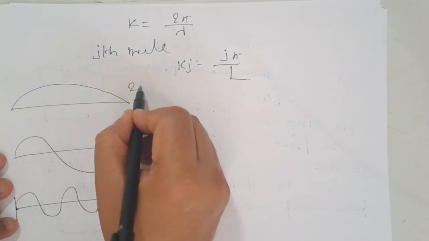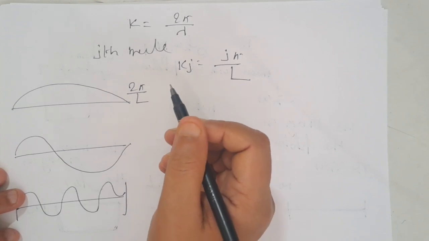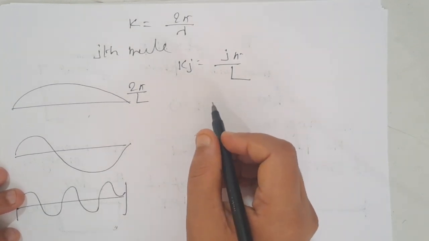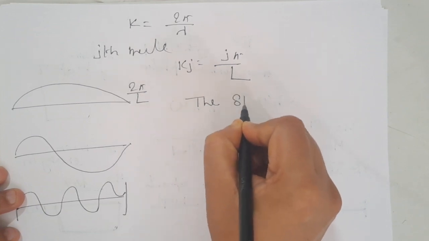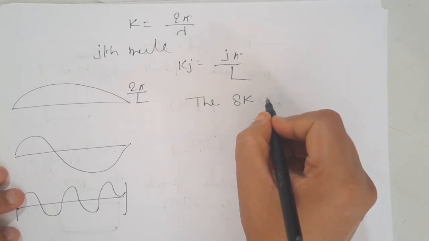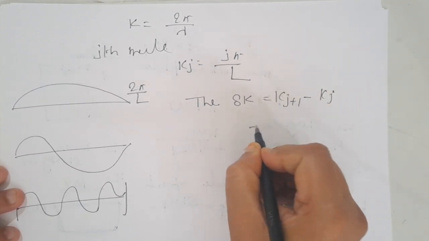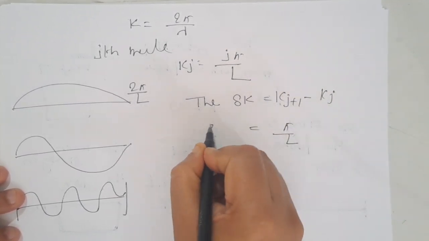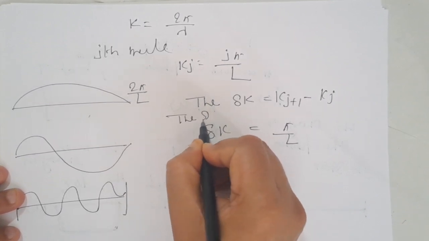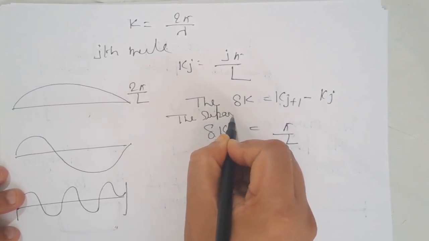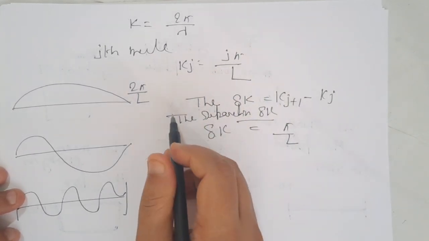For one mode it is 2 pi by lambda. So the separation delta k between two successive modes will be kj+1 minus kj, which is pi by L. Delta k is pi by L, the separation between two modes.